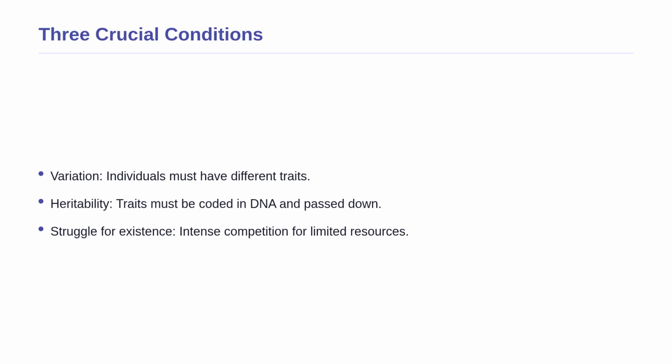Second, these traits must be heritable, meaning they are coded in DNA and passed from parents to offspring. Finally, there must be a struggle for existence. The environment cannot support every individual born, which creates intense competition for limited resources. When all three align, evolution happens.